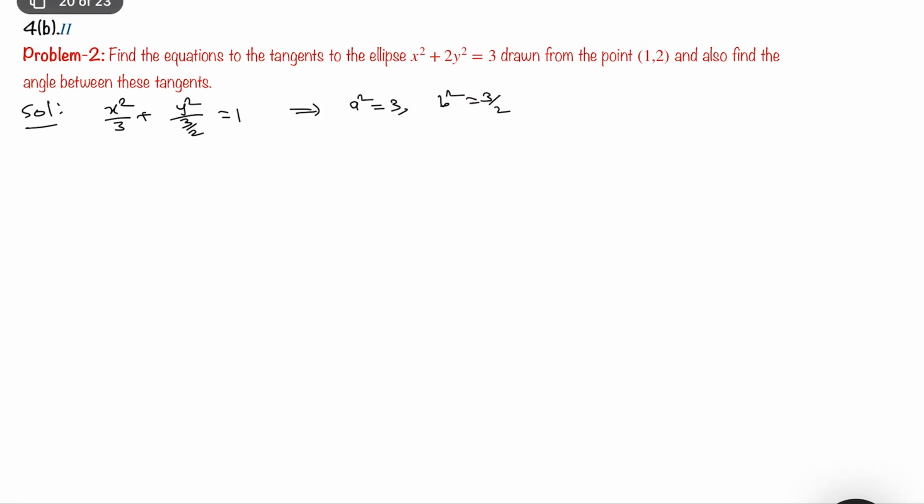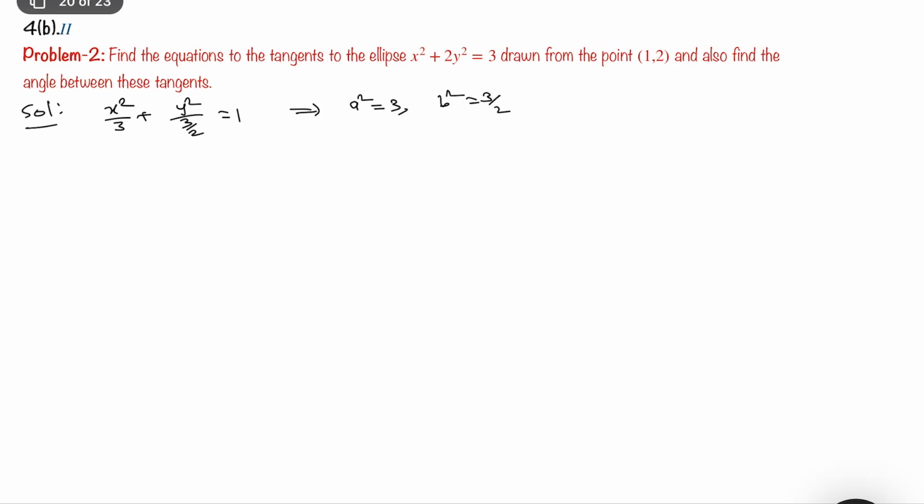Okay. Fine. You can easily check that the given point 1 comma 2 is exterior to the given ellipse. So we will have two tangents passing through 1 comma 2. So we have to find out these tangents and we also have to find out the angle between these two tangents. Fine. Okay.